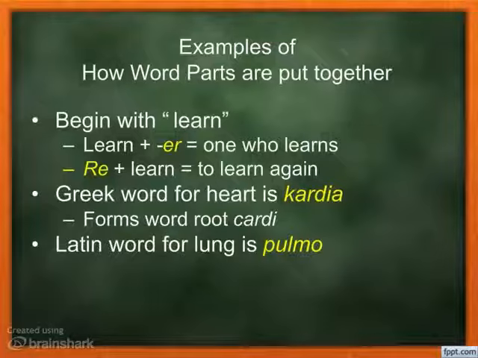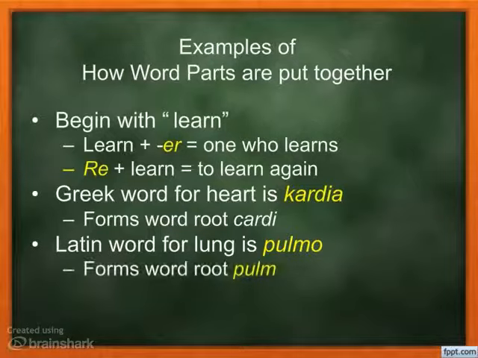The Latin word for lung is pneumo. And then that root word becomes pneum. Then we would add a suffix onto that, and now we may put -ology, so the study of the lung would be pneumology.